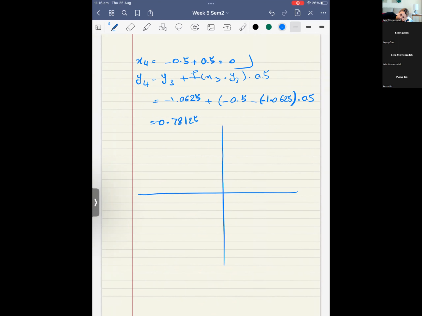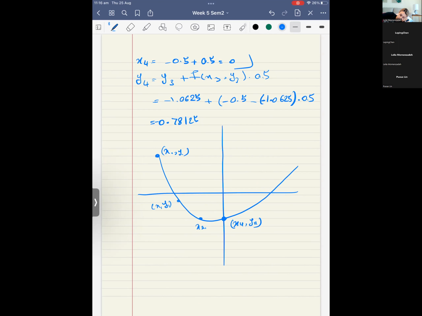And if your plot would be something like this, the point you find is x0, y0, then you find x1, y1, then you find x2, y2. This point is x4, y4.